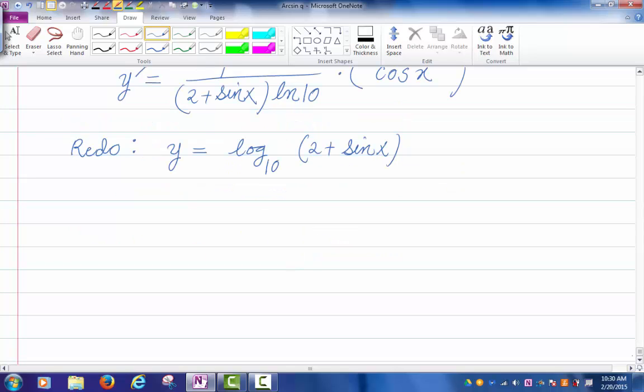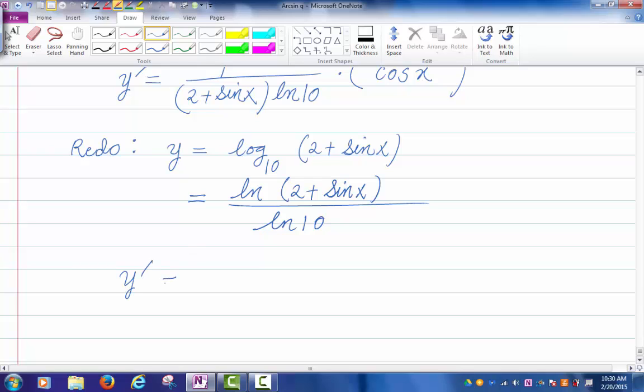Anytime you have a log base 10, just express it in terms of ln. So this is ln of 2 plus sine x divided by ln of 10. Right? ln of that divided by ln of the base 10. And then you take the derivative. ln of 10 is just a fixed number. So what's the derivative?